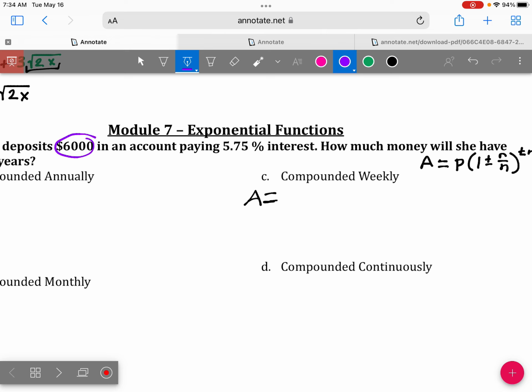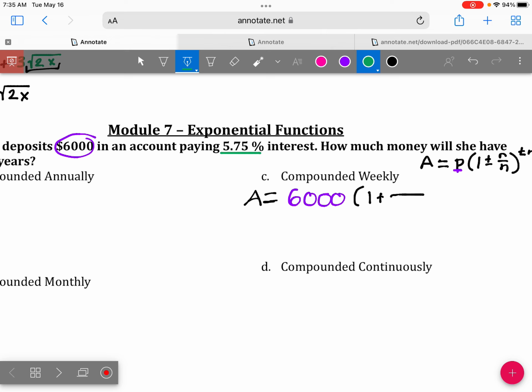This guy right here. We're going to use our formula, 1, and then it says it's paying interest, which means it's going to gain, which means it's going to be plus. We make our teeny tiny fraction with our rate.